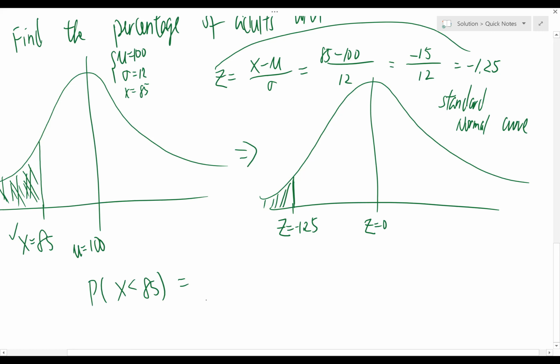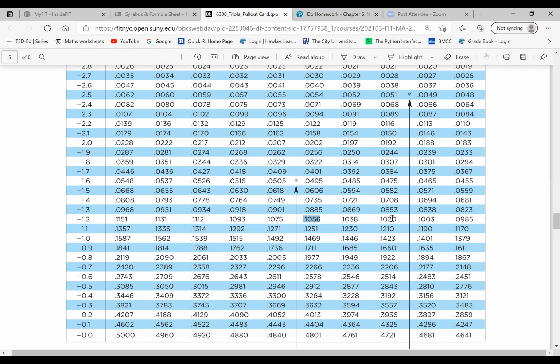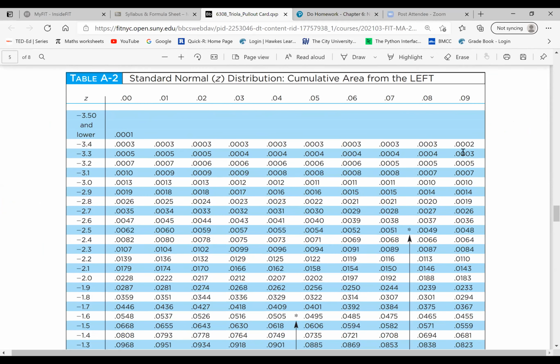It's the same thing as saying probability for z-score less than negative 1.25. And the probability turned out to be 0.1056.